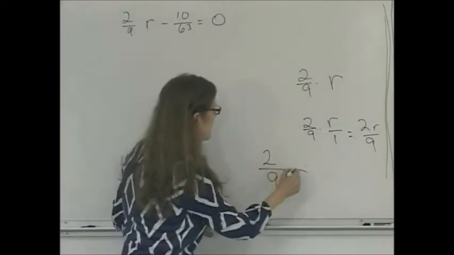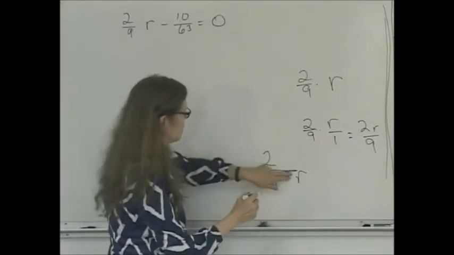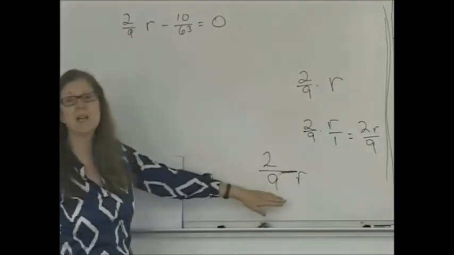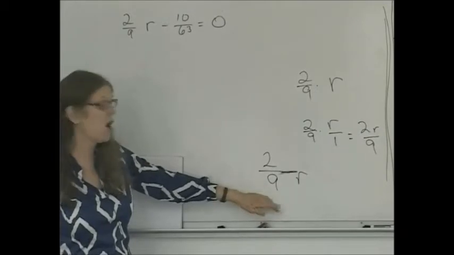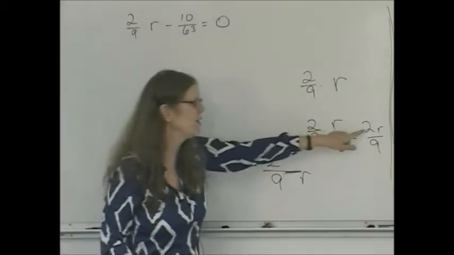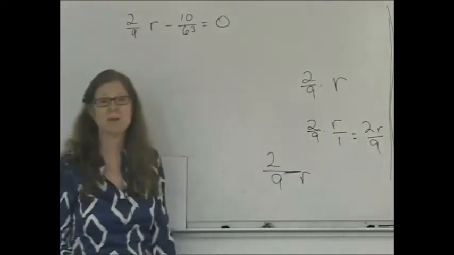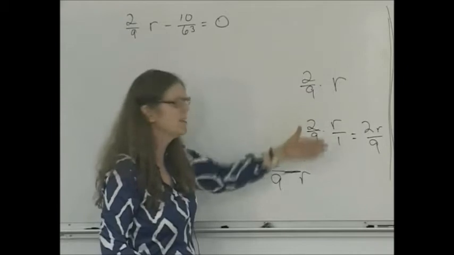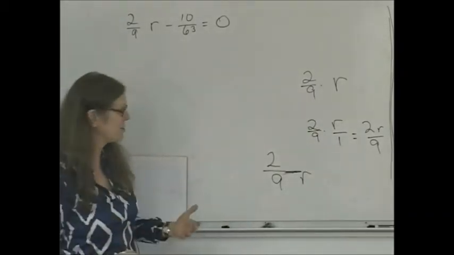If I had written it kind of fast and wrote a big, long divide sign, this looks like 2 over 9 times r, but really the r should be in the numerator, because r is the same thing as r over 1. So r is in the numerator if you put it into the fraction.